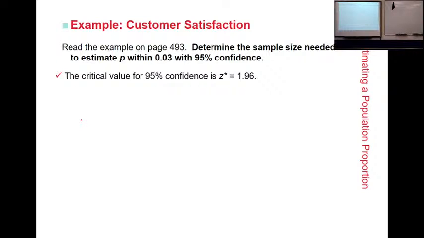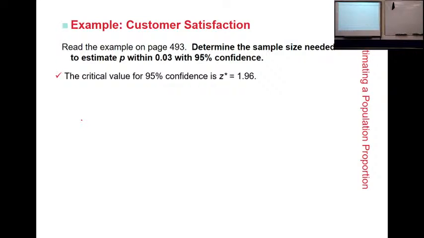What we can do is say, I want a margin of error of 0.03. And so I'm going to put 0.03 in for my margin of error. And on the other side, I'm going to put my z-score formula.